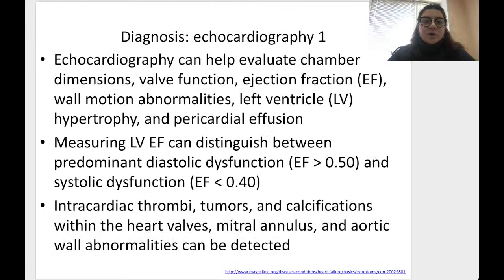Echocardiography. Echocardiography can help evaluate chamber dimensions, valve function, ejection fraction, wall motion abnormalities, left ventricle hypertrophy, and pericardial effusion. Measuring left ventricle ejection fraction can distinguish between predominant diastolic dysfunction, when ejection fraction is more than 50%, and systolic dysfunction, when ejection fraction is less than 40%.